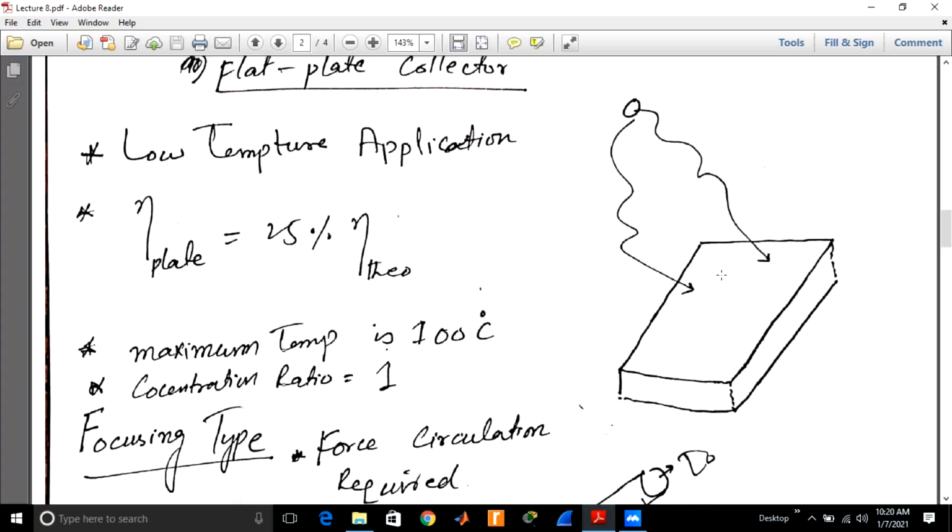So when the falling and absorbed radiation are equal, the ratio will be 1. If the falling radiation is 100 and they absorb 100, the ratio will be 1. But when we focus it, they will collect more radiation in a smaller area.